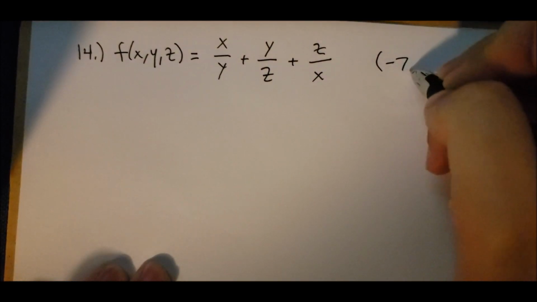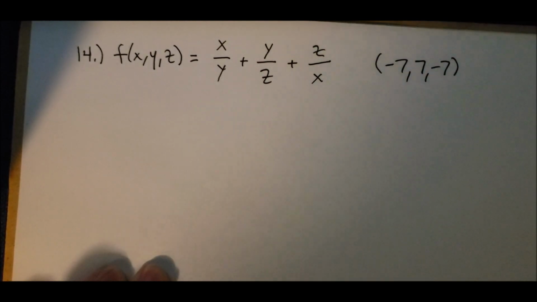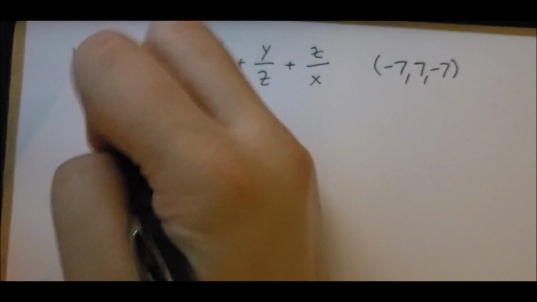And the point is (-7, 7, -7). So I need to find the gradient.